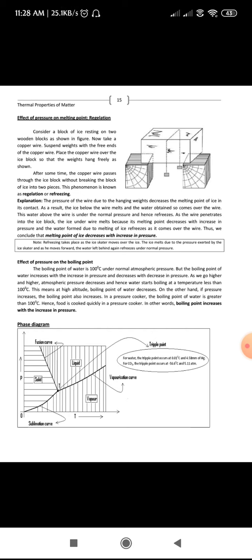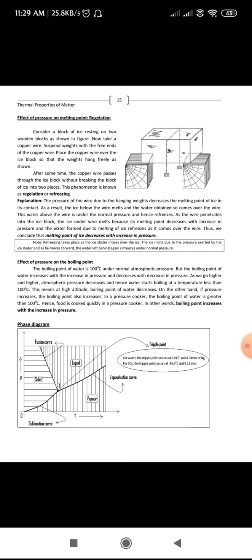This is what we call refreezing. If there were no refreezing, the ice would get divided into two parts, but the ice doesn't get broken because refreezing of ice takes place. So let us see how that refreezing takes place.